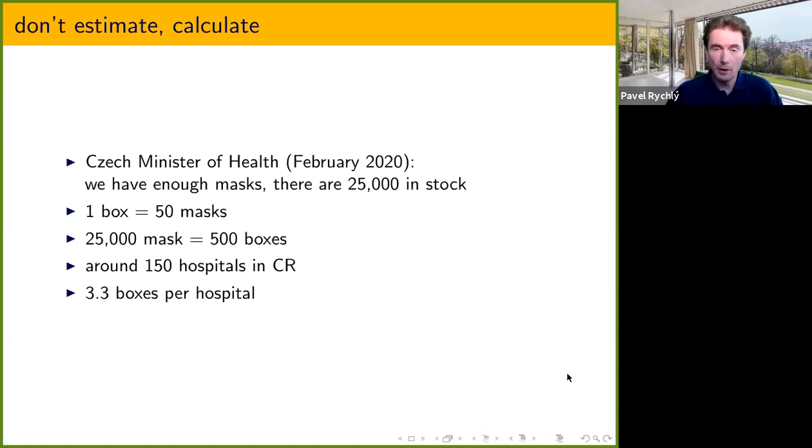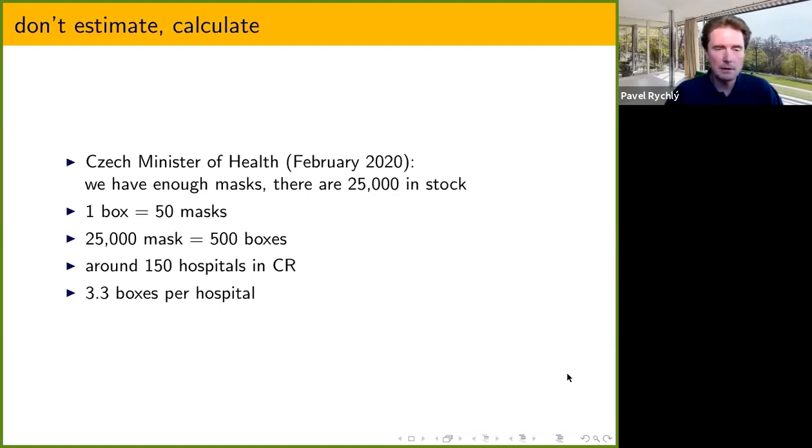But when we do the calculation, we know that 50 masks are in one small box. And it means that 25,000 masks is only 500 boxes.